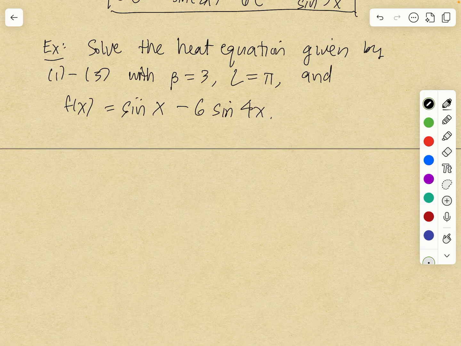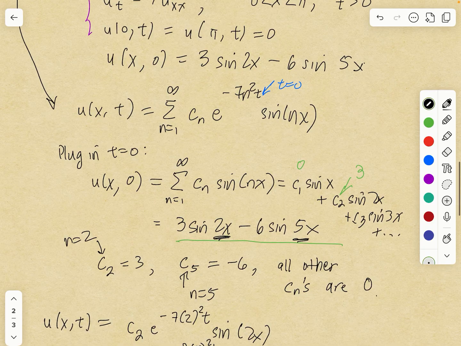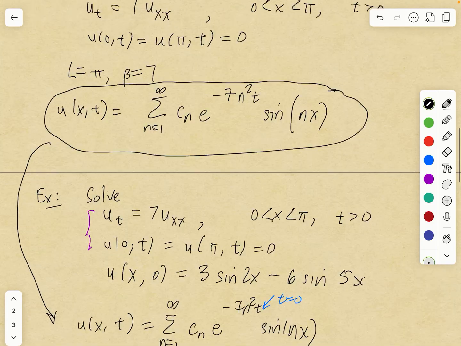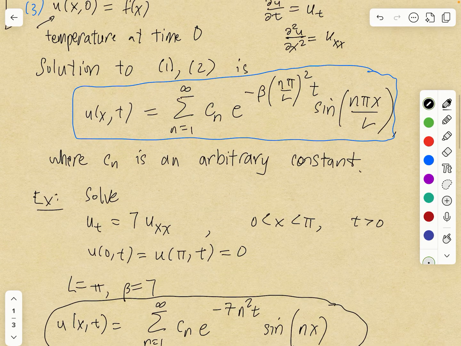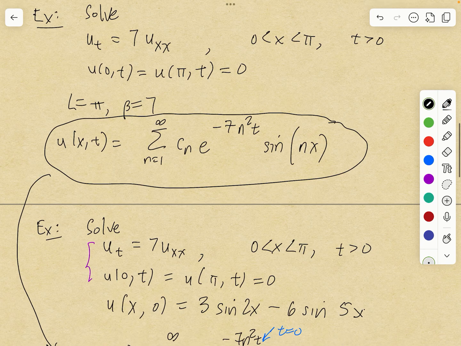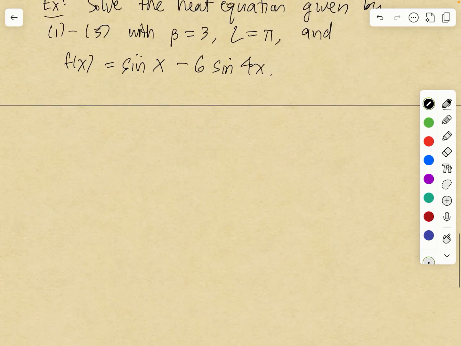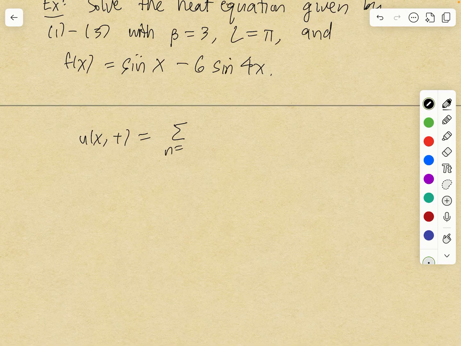So you take your u of x,t, which is, where's my general formula? Here, right? You take this, and then you just substitute beta equals 3 here, and then L equals pi in here, and L equals pi here. And then when you do that, you're going to get u of x,t equals the sum from n equals 1 to infinity, cn e to the minus 3n squared t sine nx.